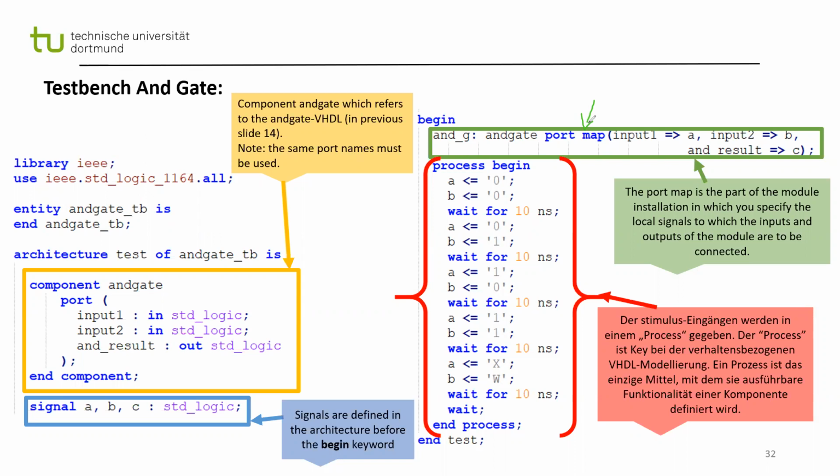Port maps can also appear in blocks or in a configuration, like shown in the component. Within an instance, the port names are ports on the component. So these are port names in our component: input 1, input 2, and result.